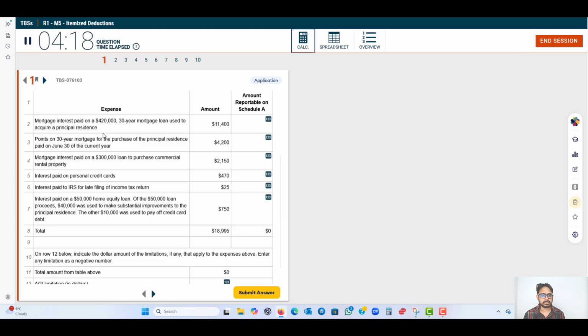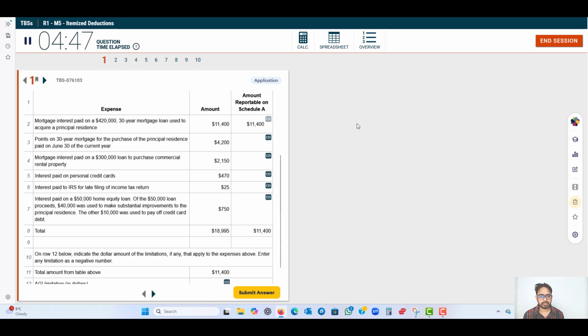So principal residence mortgage interest is an eligible item, so we can take the full amount $11,400 as an interest expense for mortgage, and it is deductible on your regular income tax return. So 11,400.